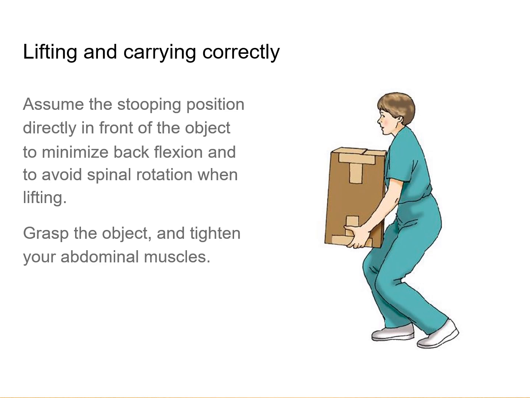Assume the stooping position when lifting and carrying correctly. Stand directly in front of the object to minimize back flexion and to avoid spinal rotation when lifting. Grasp the object and tighten your abdominal muscles.